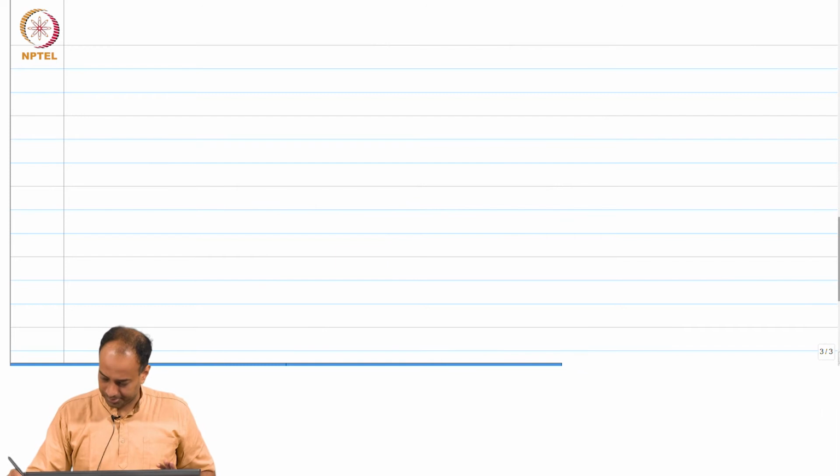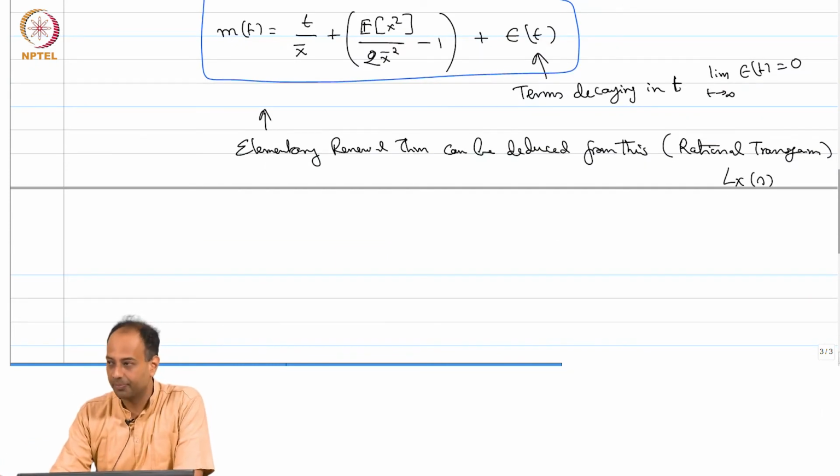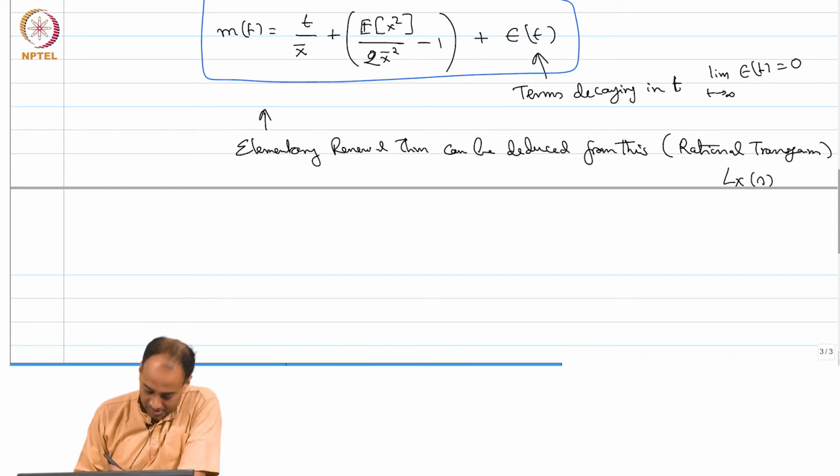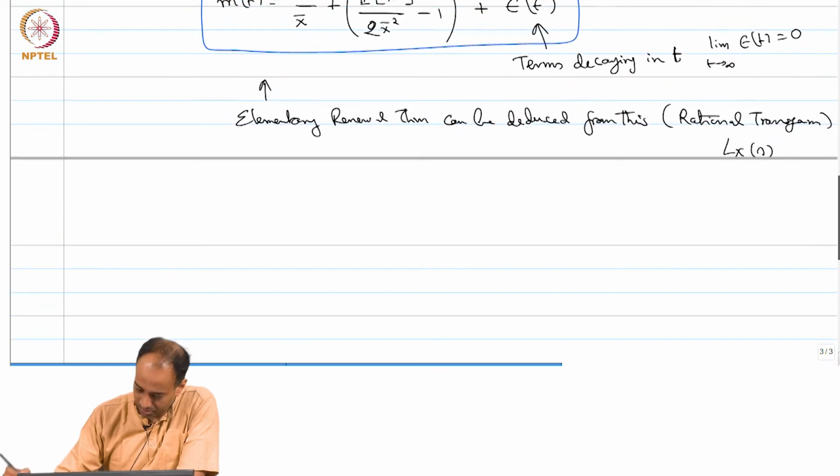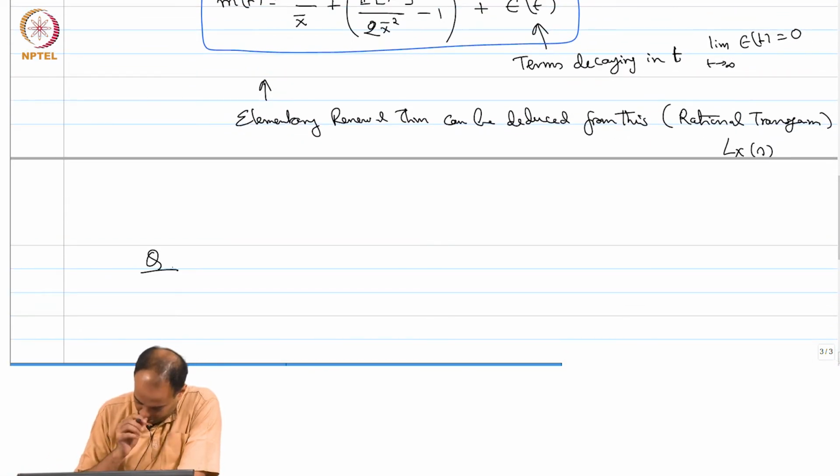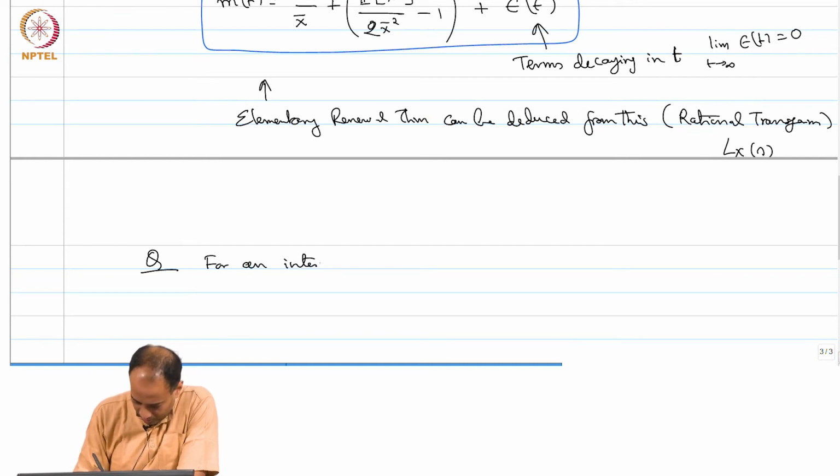There is another very important result that you can actually deduce from this equation for m of t. Question: you fix this interval t comma t plus delta.